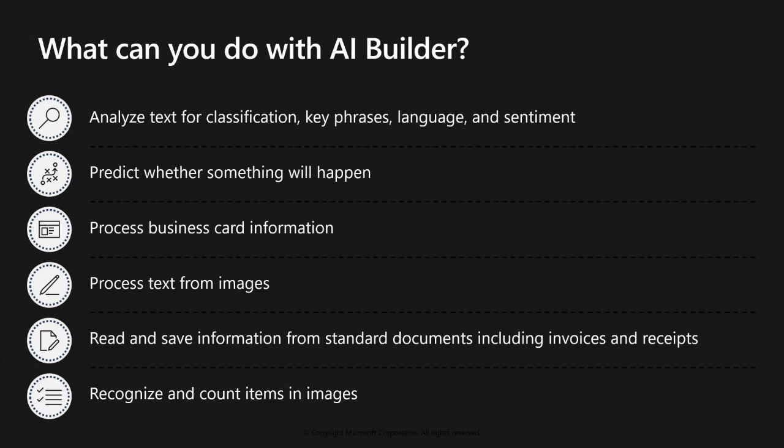There are a number of pre-built models that you can use without having to train them, like sentiment analysis, translation, and the business card reader. But you can also train custom models to recognize objects in images or key information in natural languages. These capabilities include things like analyzing text for classification, key phrases, language, and sentiment.